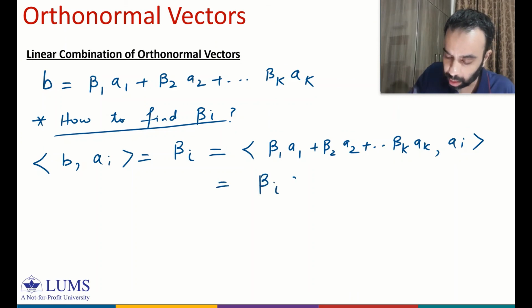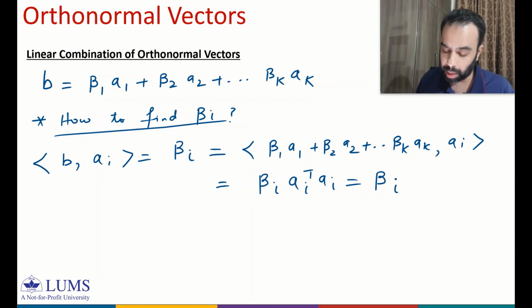So beta i, ai transpose ai, which is 1, since ai is unit norm, so you get beta i, right? And therefore we can use simple inner product to find these coefficients beta 1, beta 2, beta k.